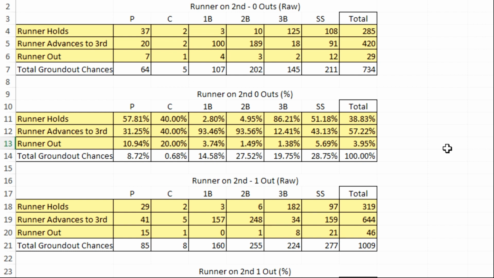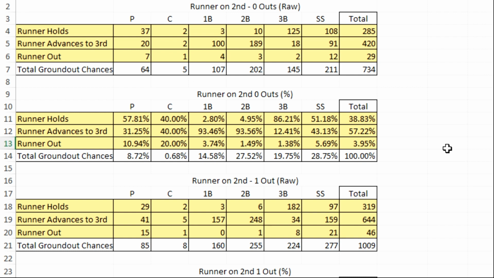The other thing is there's a way higher number of ground ball outs with runner on second because last year, of course, MLB had a rule where in extra innings there was a runner placed on second base. So all of those are also included.